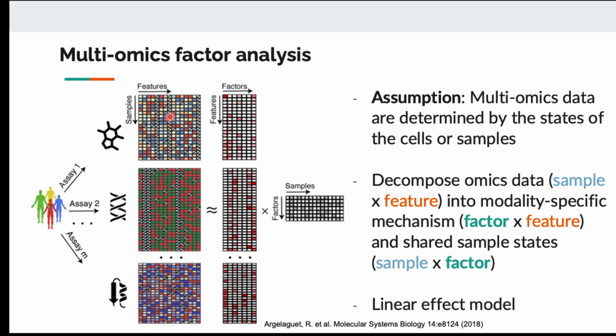We want to decompose the sample by feature matrix into two matrices that multiply with each other. The first one is measurement by factors. The other one is factor by sample. So if you recall matrix multiplication, if you multiply a matrix of features times factors with the matrix of factors times samples, the result will give you a matrix of features times samples.